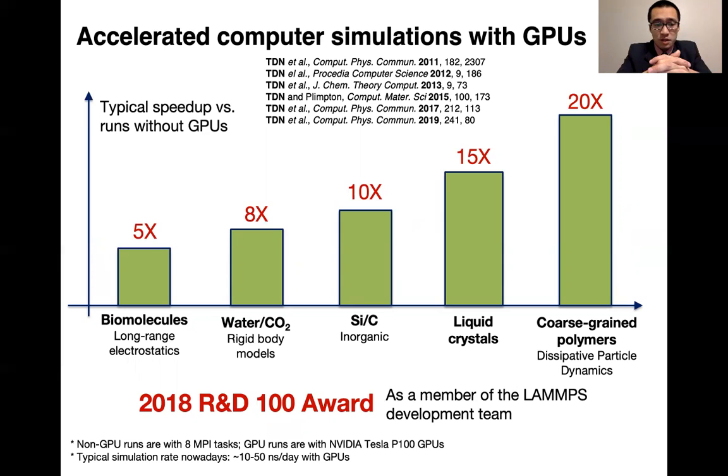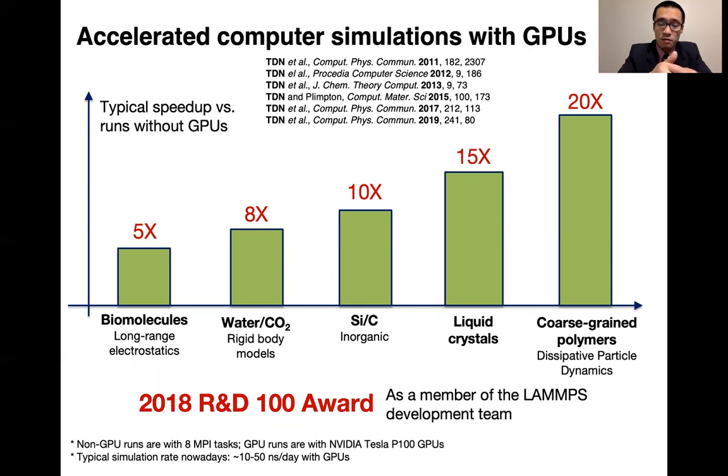I'm showing you in this slide that my work has been used to accelerate the performance of simulations across the board for different kinds of systems, with speedup ranging from 5 times to 20 times compared to the case where we don't use graphics processing units, GPUs. And with this acceleration in speed, we can hope to address much larger length and time scales with the facilities that we can access.